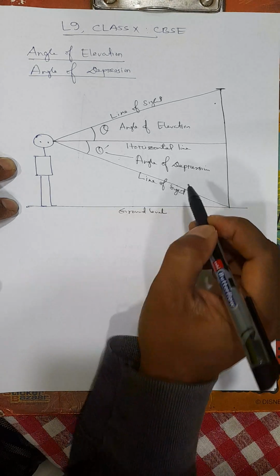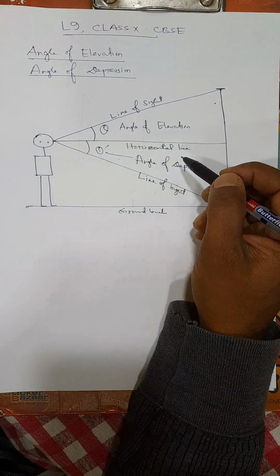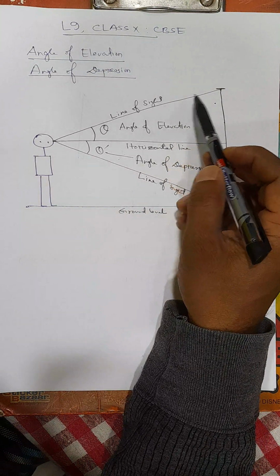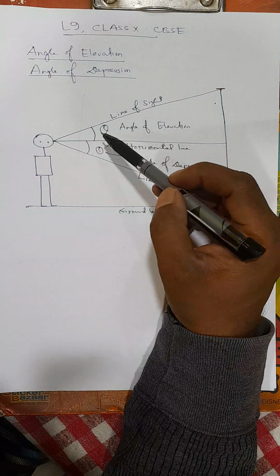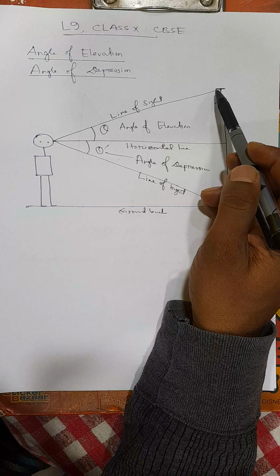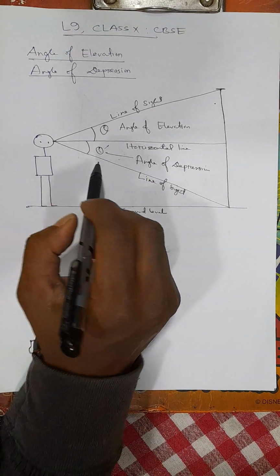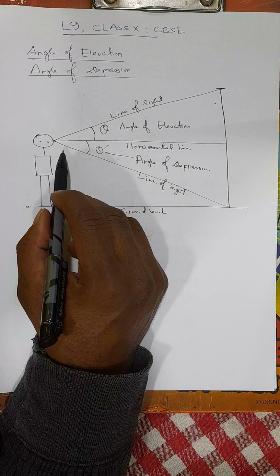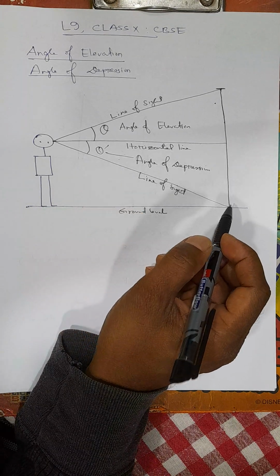So you got two lines of sight. One is the line of sight upward when you are making eye contact with the top of the tower. Then another is the line of sight downward when you are making eye contact with the bottom of the tower.